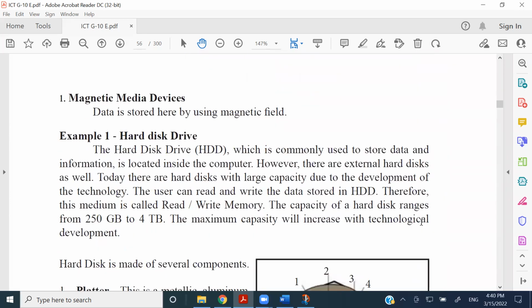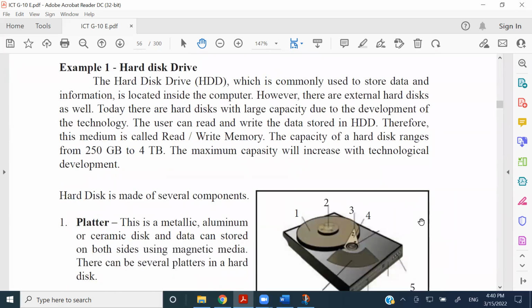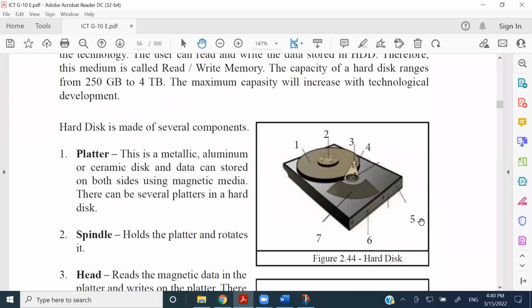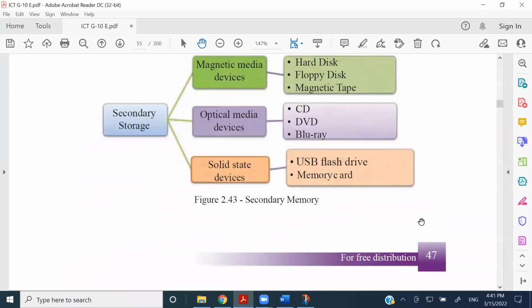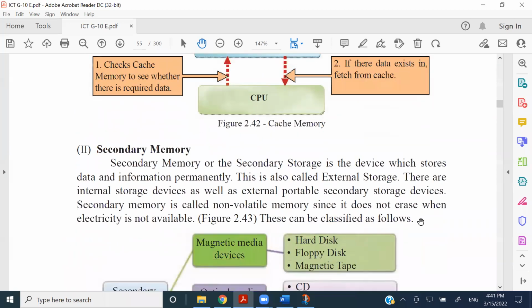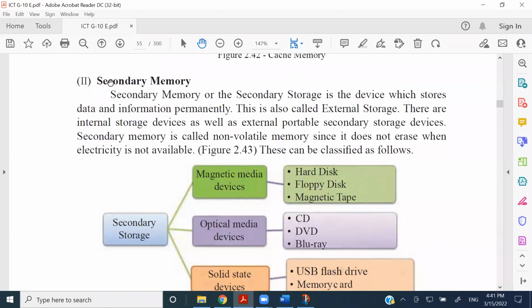Now when it comes to the magnetic media, they are talking about the hard disk. I'll show you a small video regarding how the hard disk is prepared. Before that, we'll take this down. Have the heading called secondary memory.